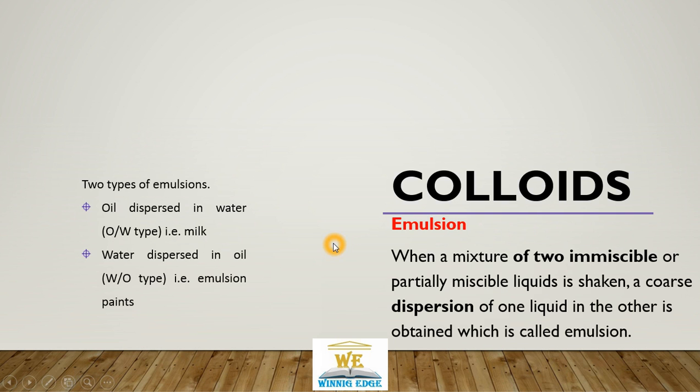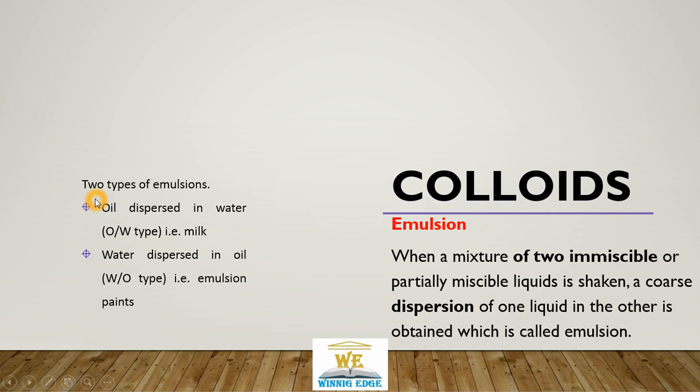Further, we have another liquid in liquid colloidal solution known as emulsion. When a mixture of two immiscible or partially immiscible liquids is shaken, a coarse dispersion of one liquid in another is obtained, which is called an emulsion. Remember, emulsions are made out of partially or fully immiscible liquids.